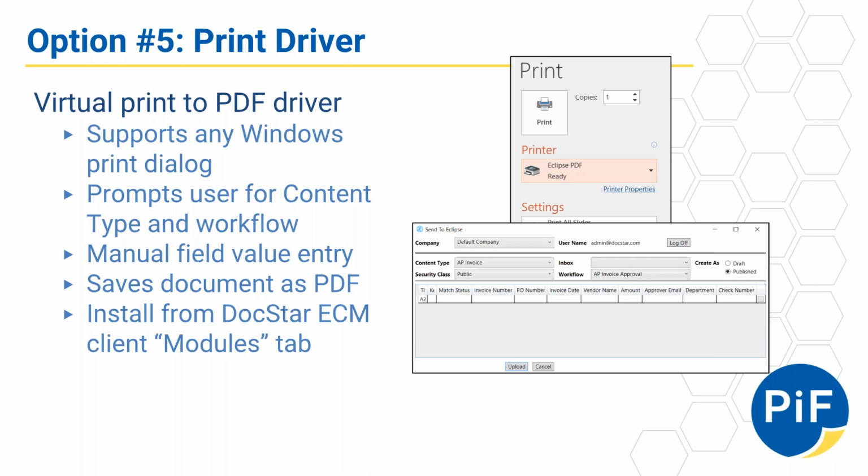So physically print it and then dump a copy into DocStar. So we do have some other tools, but this is included free of charge. It's a great little utility. And also if you're using Gmail or Yahoo Mail or whatever, and you have the attachment, this is another quick and easy way to get documents into the solution just through the print driver.